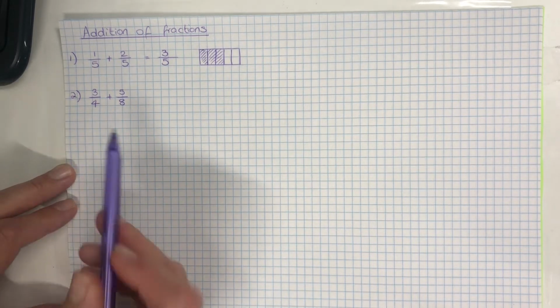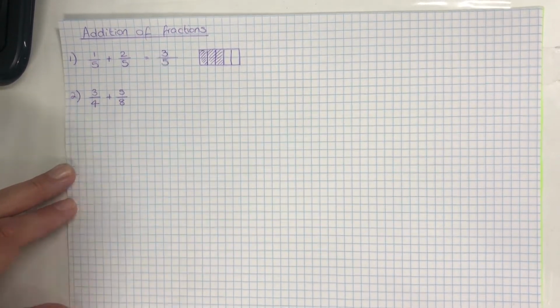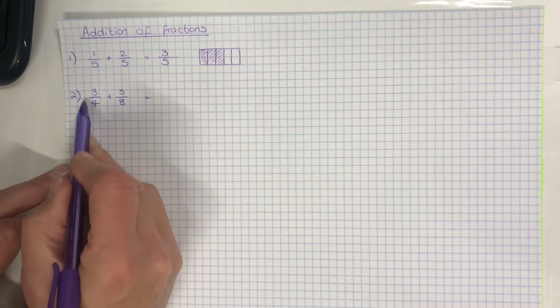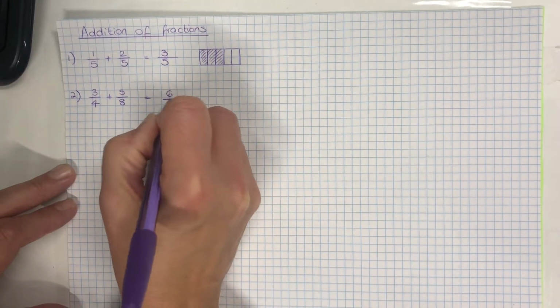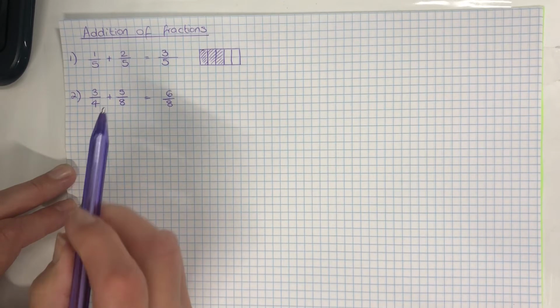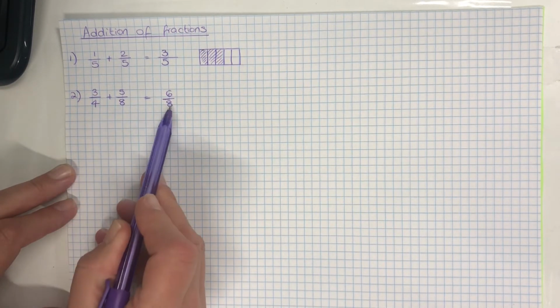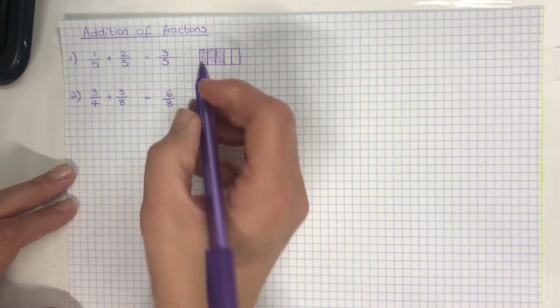Now luckily, because 4 is a factor of 8, I can make my denominator 8. So 3/4 is equivalent to 6/8. We've done equivalent fractions. I've doubled my denominator here to get from 4 to 8. I've doubled my numerator to get from 3 to 6.